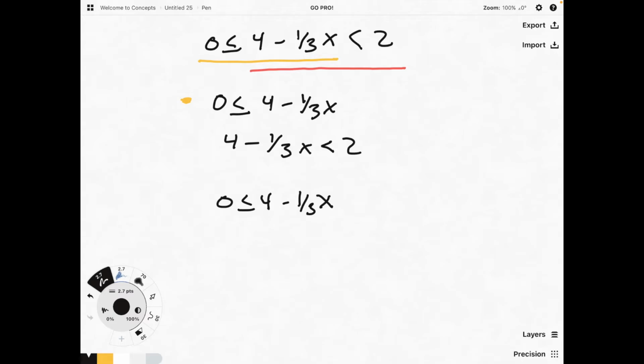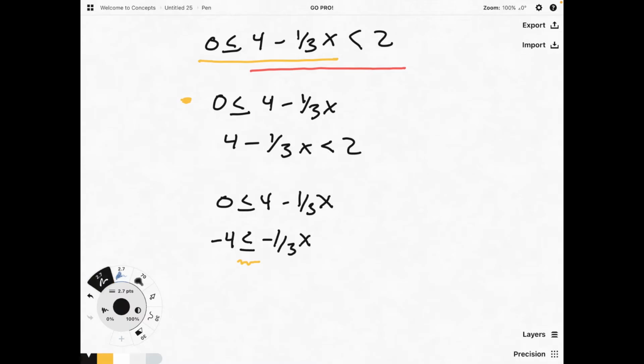We move the 4 over to the other side, and because we're not dividing or multiplying by a negative, then we don't have to worry about flipping the sign. So we subtract 4 from both sides. We get negative 4, which is less than or equal to negative 1/3 x. Now what we need to do is multiply each side by negative 3. Because we're multiplying both sides by a negative, we need to take care of this inequality by reversing it.